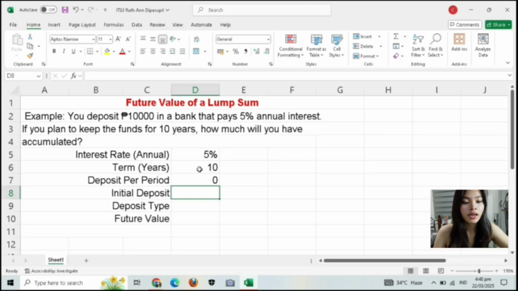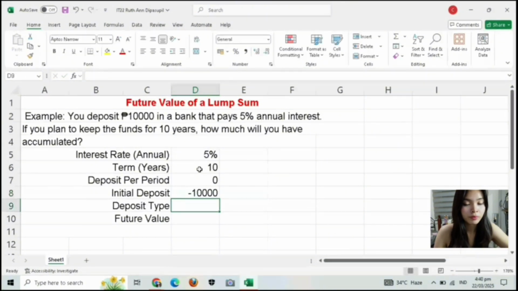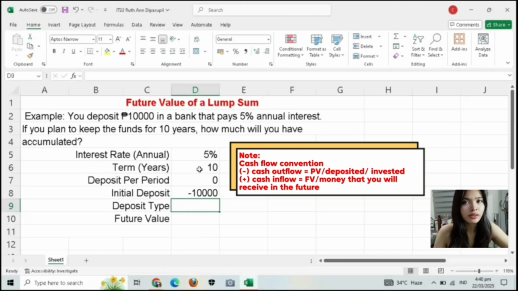Next is the initial payment, which is 10,000 pesos, but we will put this as a negative 10,000. Bakit negative? So, this is negative because it is a cash outflow. And it also represents the money that we deposited or invested.